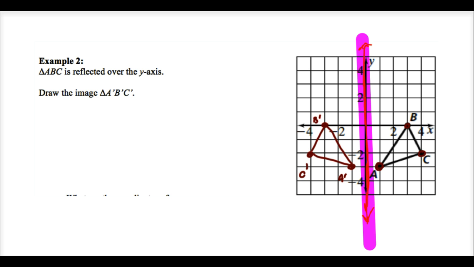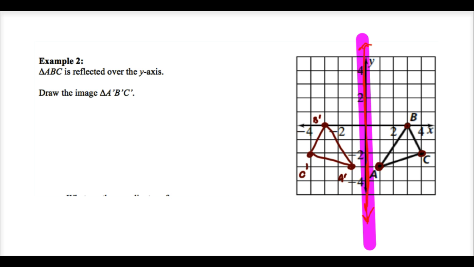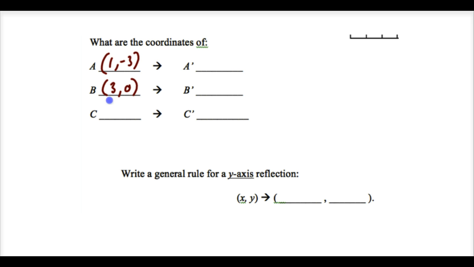What are the coordinates of all those? We got 1, negative 3, 3, 0, and 4, negative 2. We want the new coordinates.